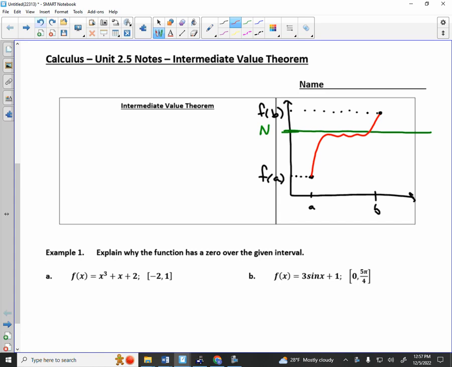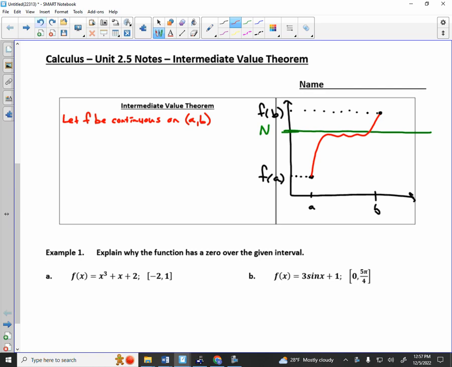And so the intermediate value theorem says, let f be continuous on [a, b].